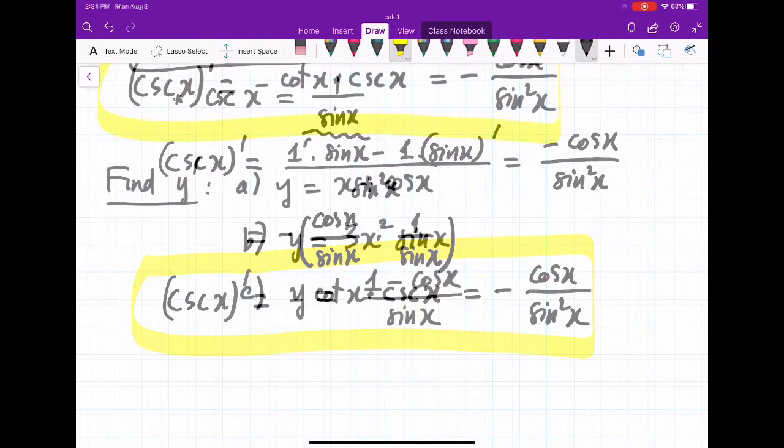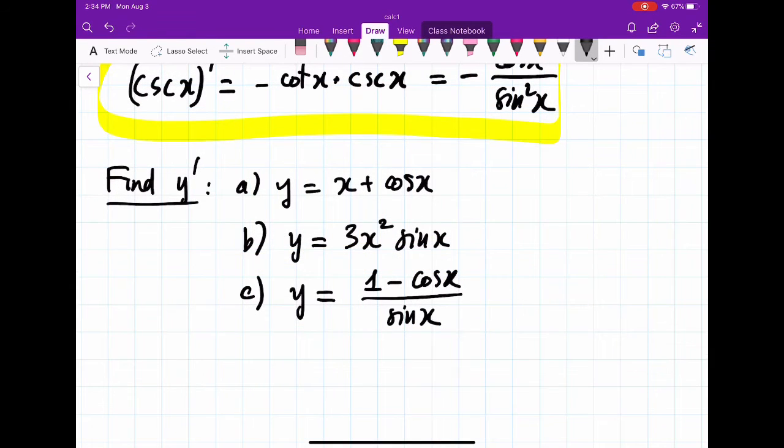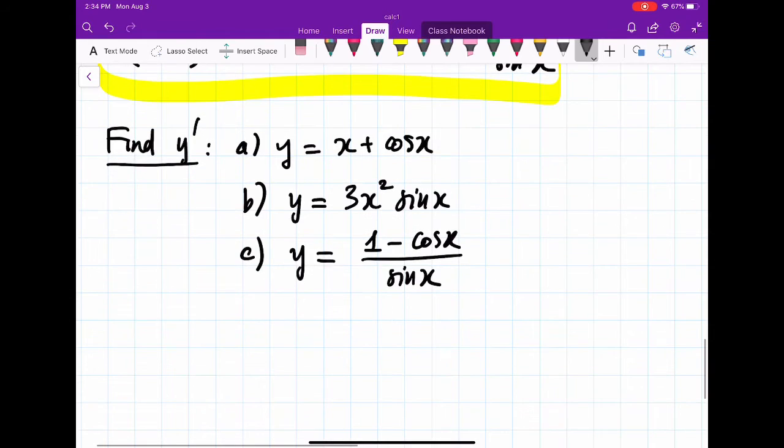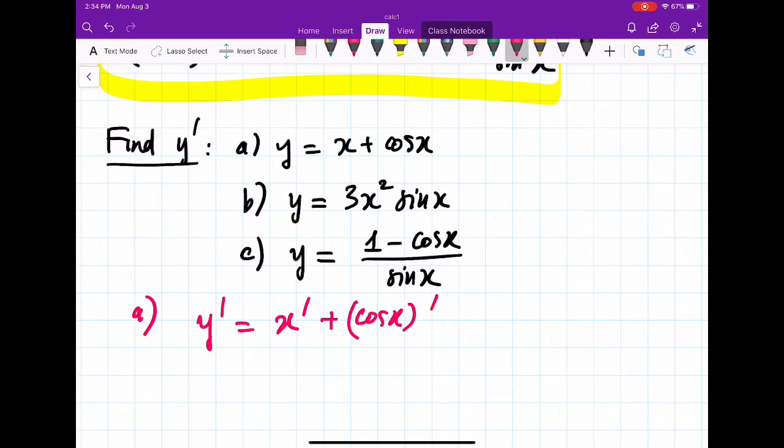Okay? Let's consider the following functions. y equal to x plus cosine x, y equal to 3x squared sine of x, and y equal to (1 minus cosine x) over sine x. Let's find their derivatives. So for the first function, I just need to take the derivative of x and the derivative of cosine. That is 1 minus sine x. Okay, the derivative of cosine is negative sine, right?